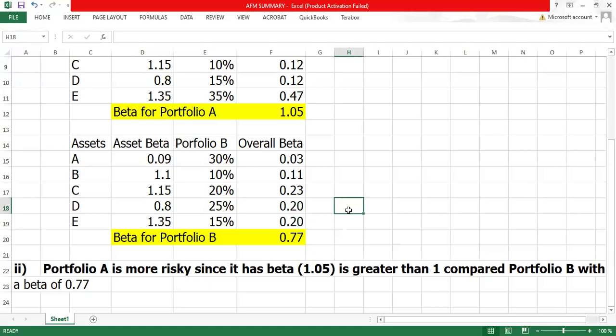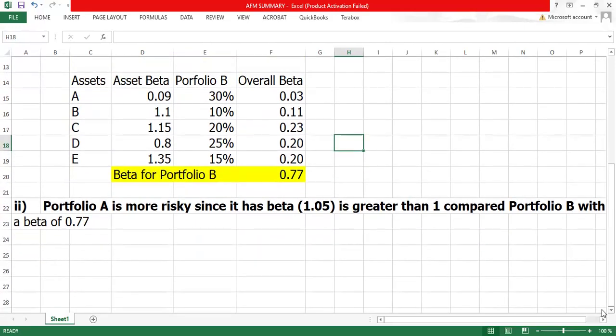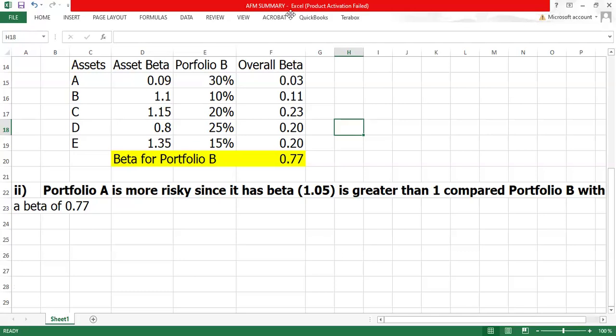However, portfolio A is more risky with a beta of, you put the beta, compared to the beta of portfolio B. So you just phrase your statement very well. Okay, so that is Roman 2.